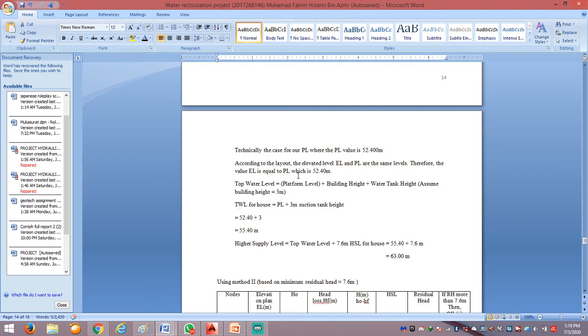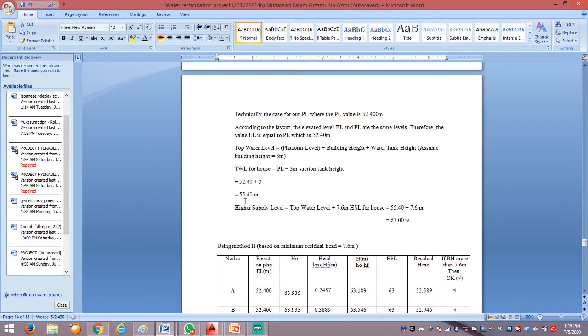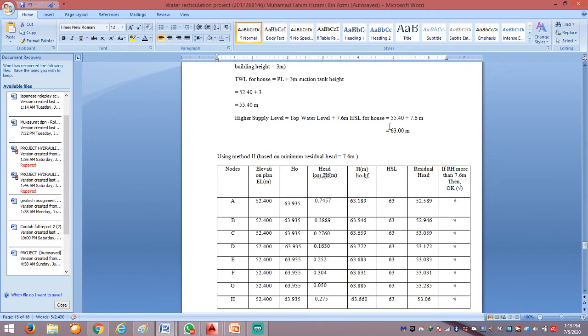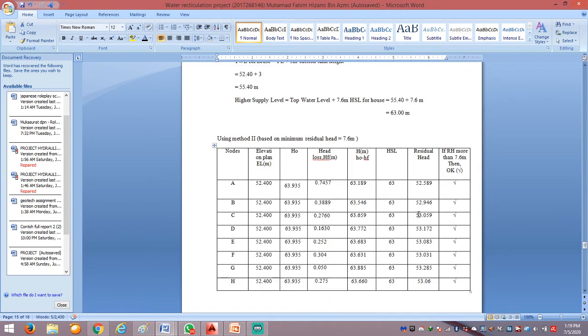The platform level that I have been given from the plan is 52.40 meter. So I will add 3 meter from the formula, and I will get 55.40. Then I can calculate the HSL by adding 7.6, so I get 63. The HSL I will calculate for residual head by using method 2.